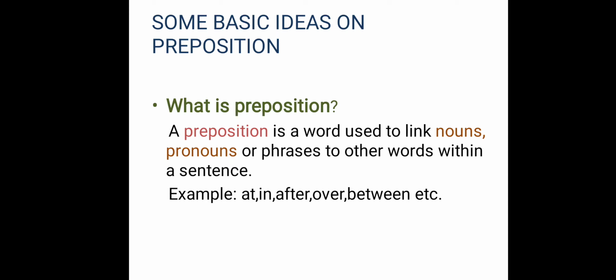For example, at, in, after, over, between, etc. They act to connect the people, object, time and location of a sentence. Prepositions are usually short words and they are normally placed directly in front of nouns. In some cases, you will find prepositions in front of gerund verbs.